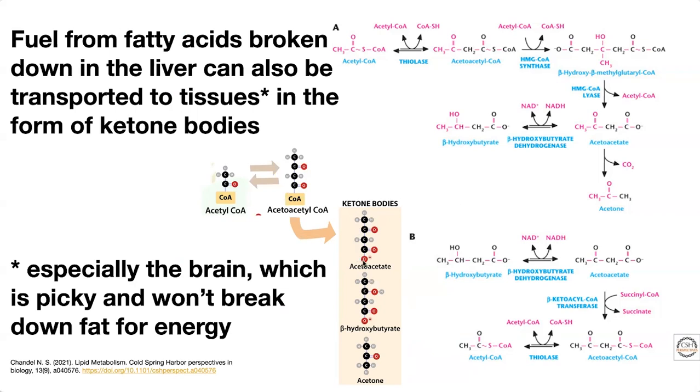Acetoacetate can spontaneously decarboxylate to give you acetone, which isn't what we want, and that's because it has this beta-keto acid. Beta-hydroxybutyrate is a reduced form of this, so we reduce this to an alcohol. We don't have that issue. This is going to be more stable, and we can transport it through the bloodstream.